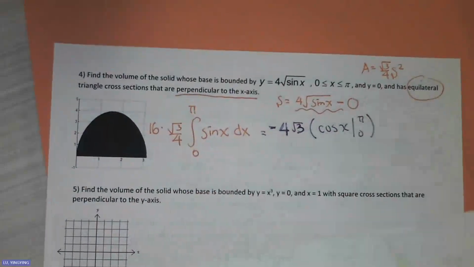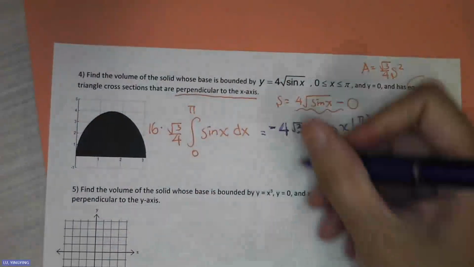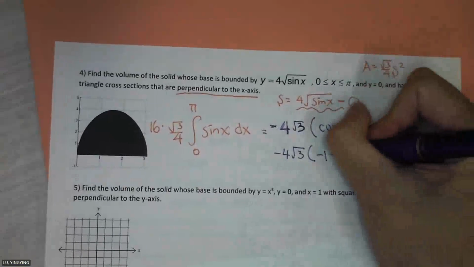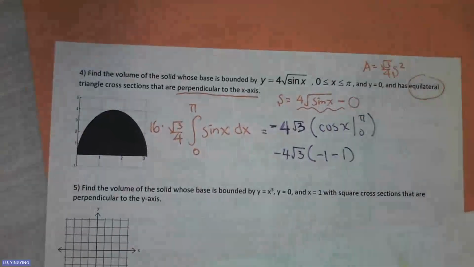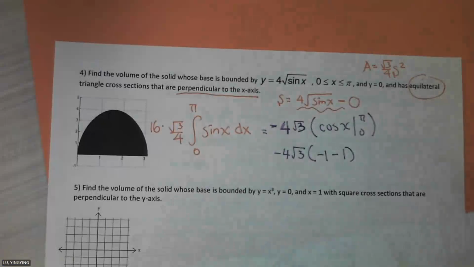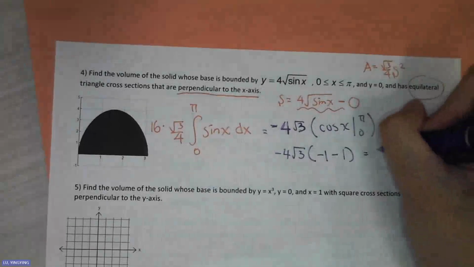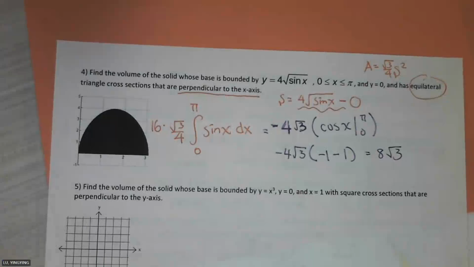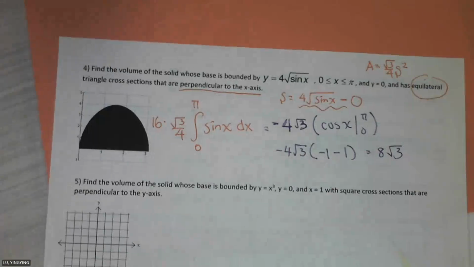Cosine pi is -1. Cosine 0 is 1. So the final answer is 4√3, positive, right? They better be positive. If you got negative, something is totally wrong. Okay. All right, we're there.